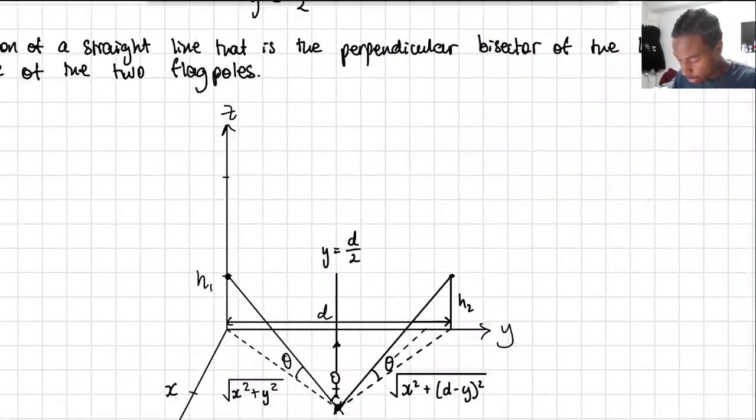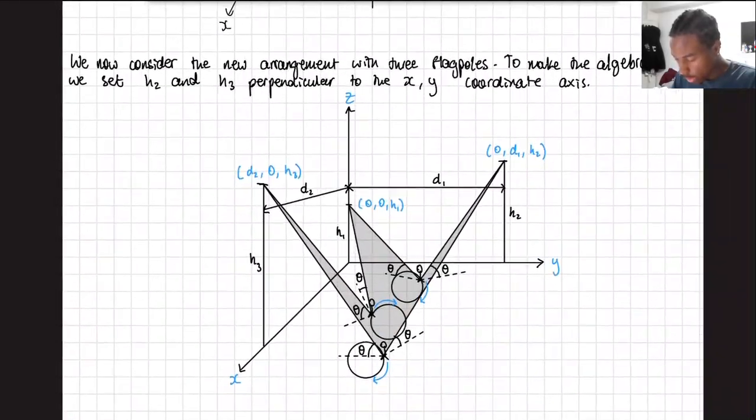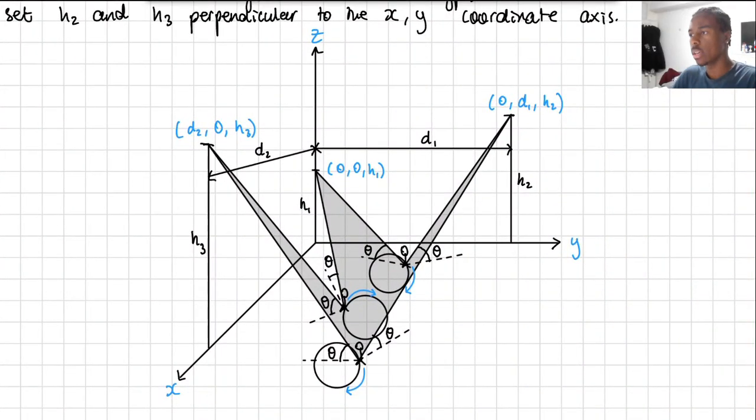So we have this situation here. Now I've labeled this length here D1 and this length here D2, and we have our same setup as last time with our 2 flagpoles, but now we've just added a third flagpole, and for simplicity's sake, I'm going to make the second flagpole perpendicular to the x-axis.